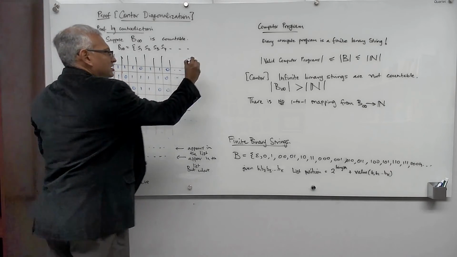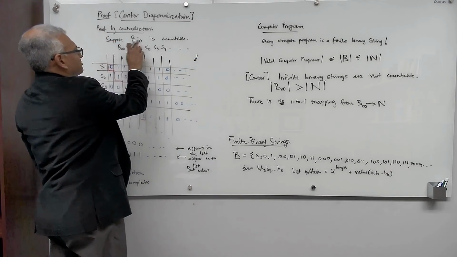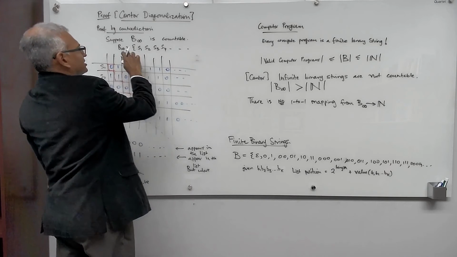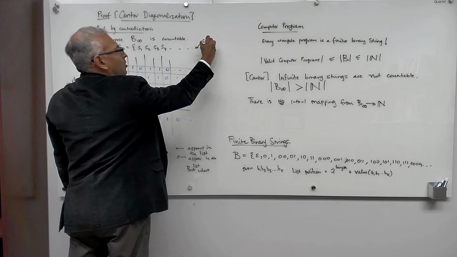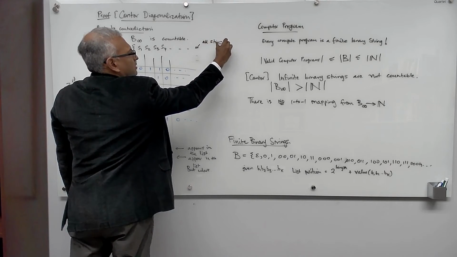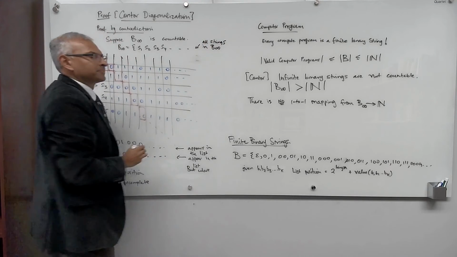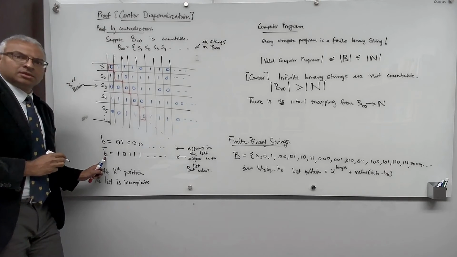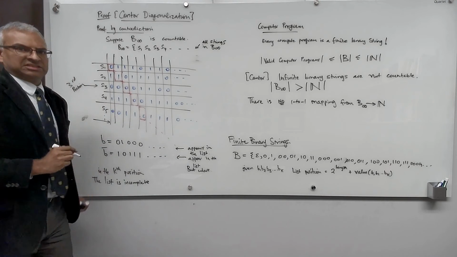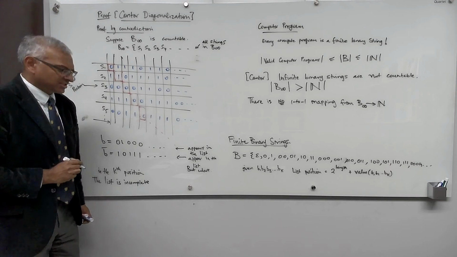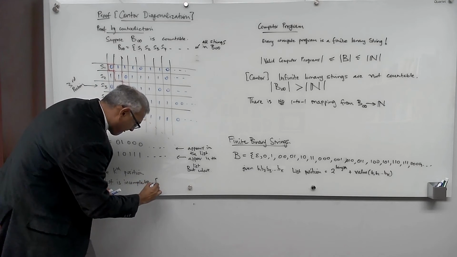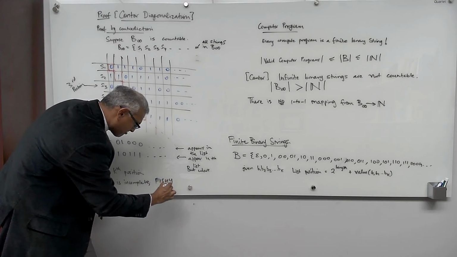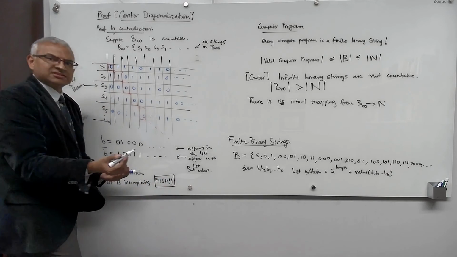We start with the assumption that B infinity is countable, and so it's listable, and this list contains all strings in B infinity. And now we've just found a string in B infinity that it does not contain. And that's a contradiction. And that's the end of the proof.